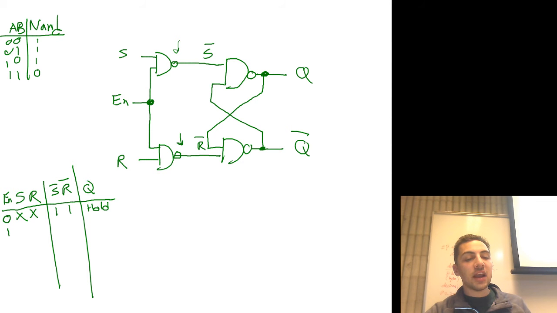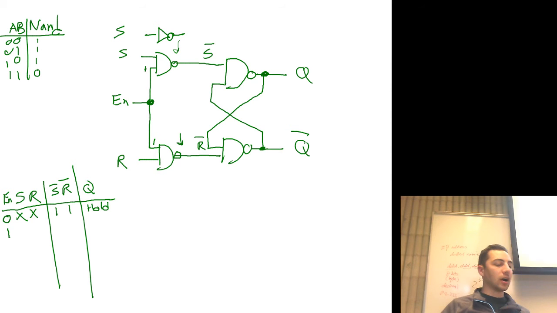Once we turn enable to 1, 1 NANDed with anything, this effectively turns into an inverter here. Does everybody see why that's the case? So this is basically a controllable inverter or set to 1 circuit. So with this as 1, we have an inverter. So if I put in S here, it goes to the inverter, I'm back to S bar.